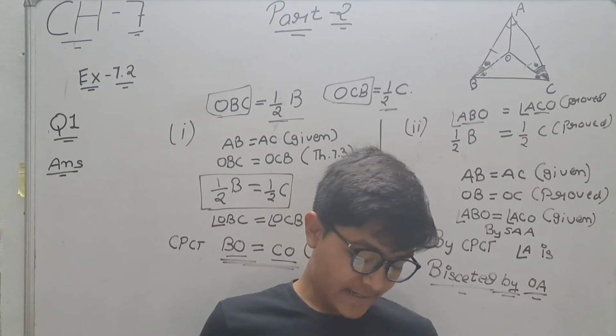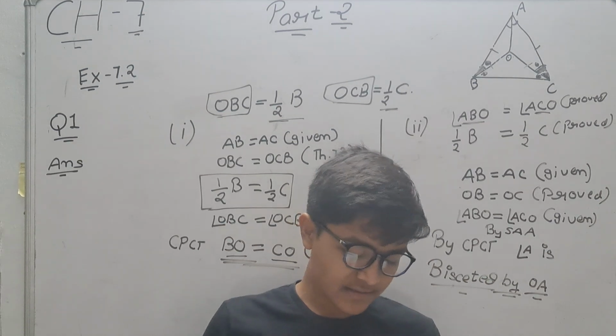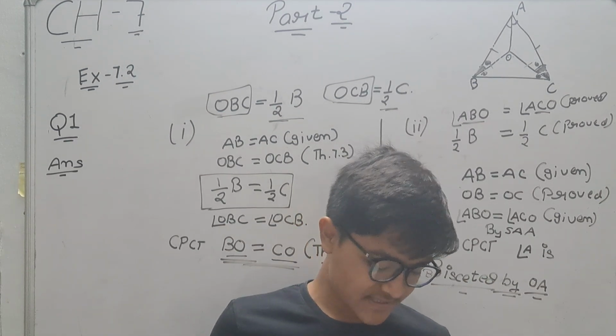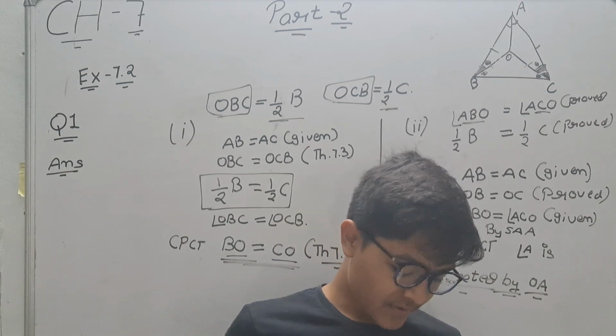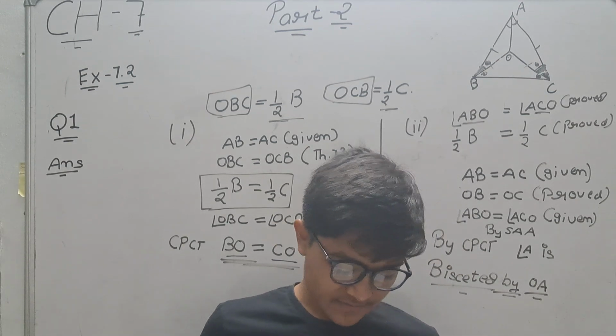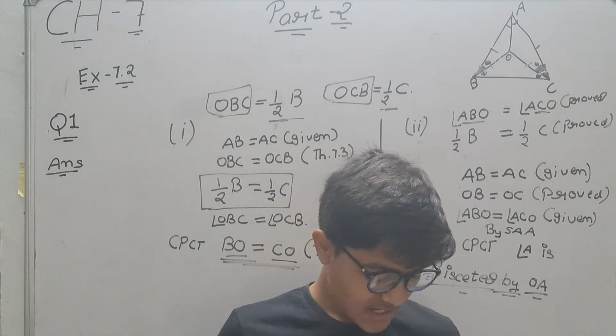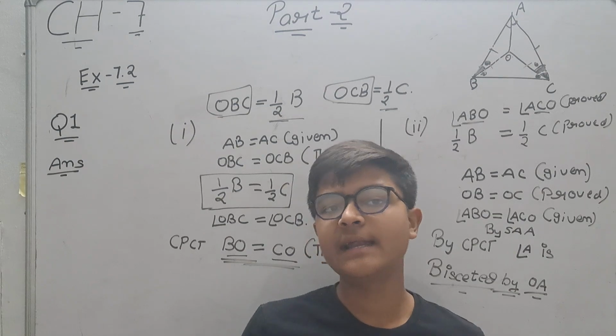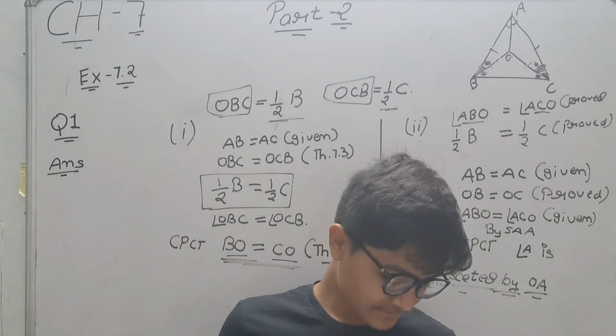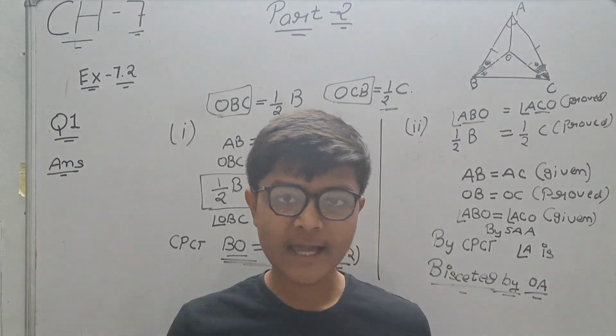If in two right triangles, the hypotenuse and one side of one triangle are equal to the hypotenuse and one side of another triangle, then the two right triangles are congruent. RHS, right angle hypotenuse side.